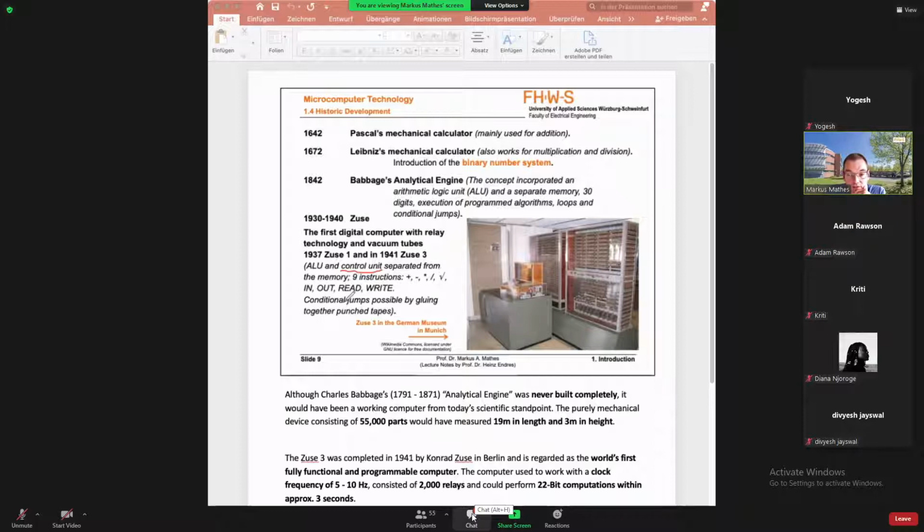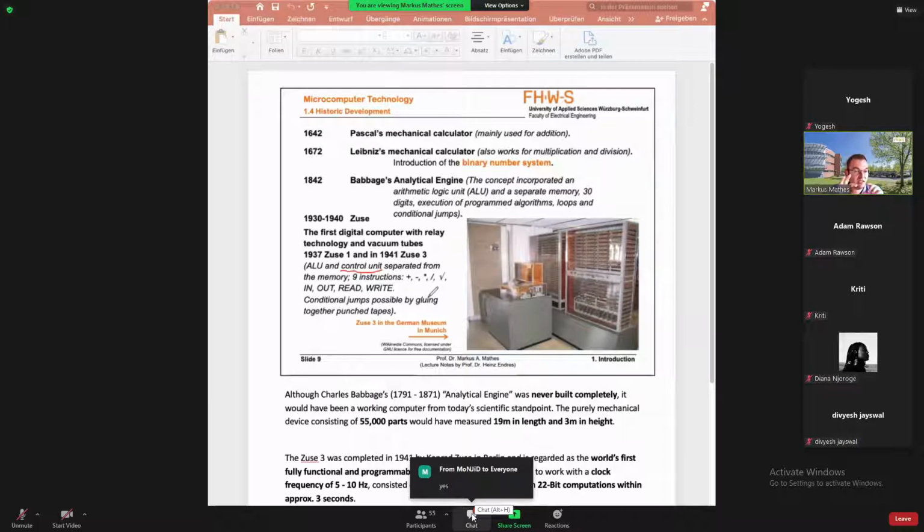But you can also use conditional jumps, and these were realized by gluing together punched tapes. Maybe you have seen a punched tape, maybe in a museum or somewhere.